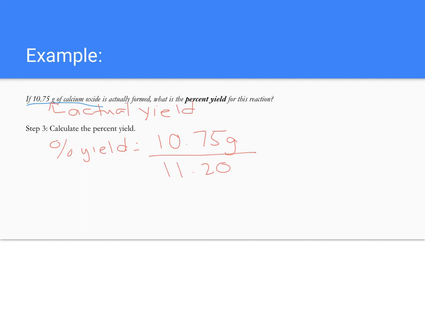If I divide these two numbers out and then multiply by 100, I end up with about a 96% yield. Usually when we talk about percent yield, we just round to the nearest whole percent. So our percent yield ends up being 96%, which again, we want a very high percent yield, so a 96% yield is a very good yield for our experiment.